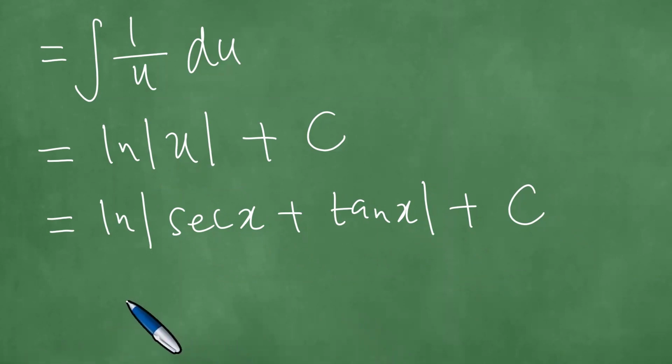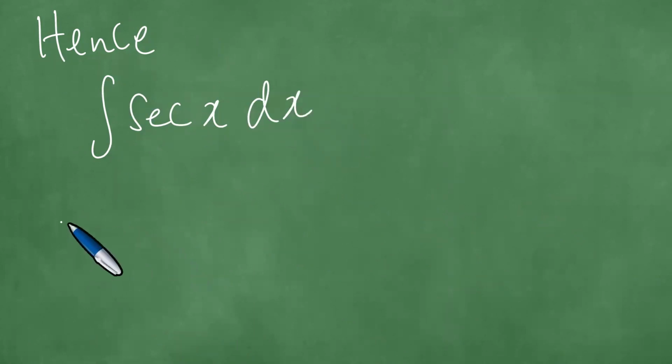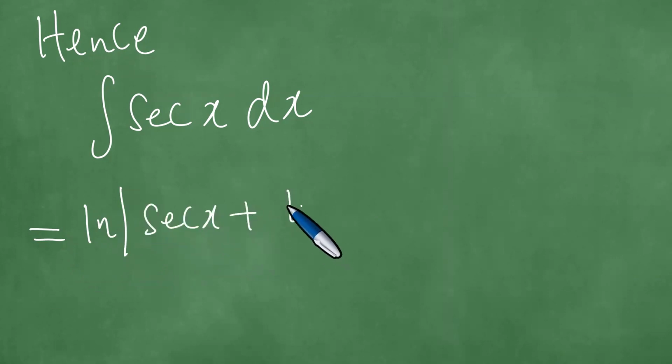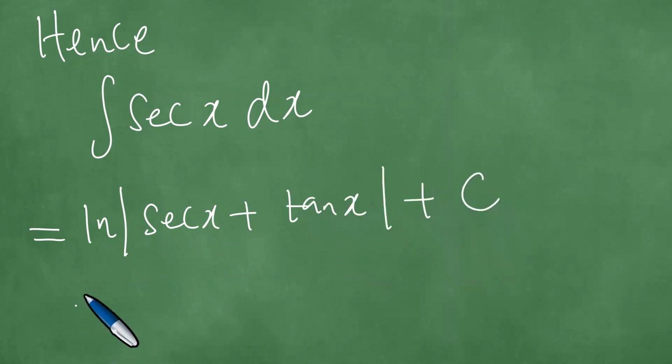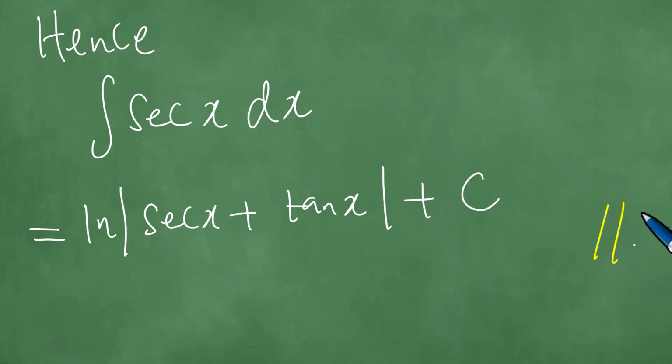Hence, the integral of the secant of x dx equals the natural log of the secant of x plus the tangent of x plus the arbitrary constant of integration c. And we have this exactly.